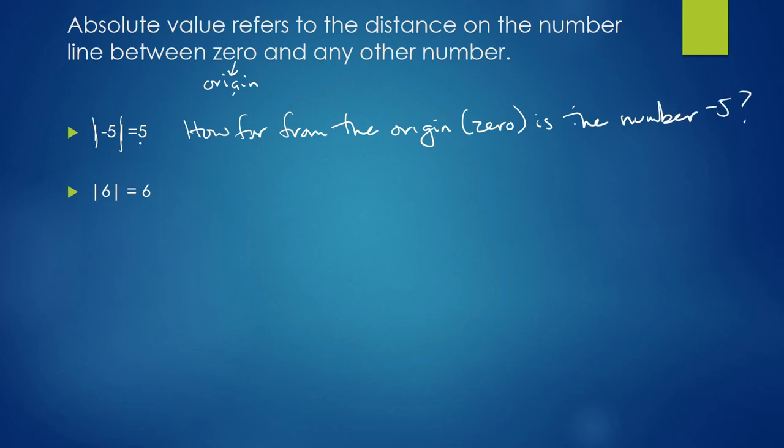Well, negative 5 is 5 units from the origin, so that's the absolute value of negative 5. What's the absolute value of 6? Well, how far away from the origin or from 0 is the number 6? It is 6 units. So when we talk about the absolute value symbol, we're saying how far from 0 is this integer or fraction or whatever we're looking at.